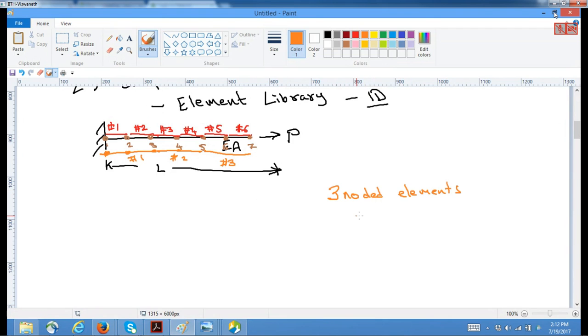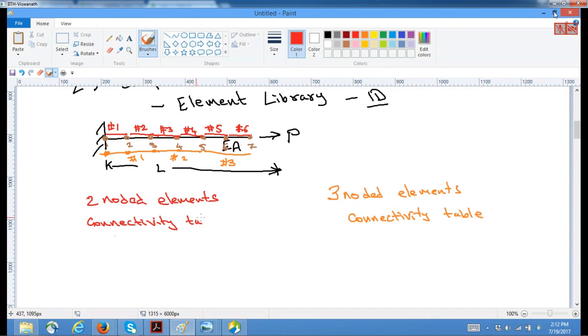Let us write the connectivity table. I will define what a connectivity table is soon. And we have two-noded elements, connectivity table.